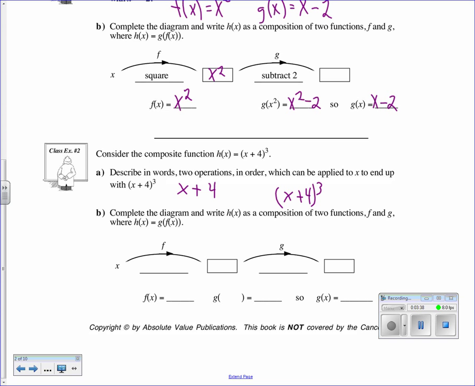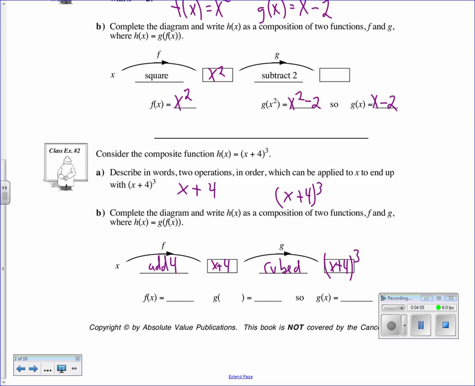So first I'm going to take x and add 4, so that I get x plus 4. And then I want the x plus 4 to get cubed, so that I get x plus 4 cubed at the end.